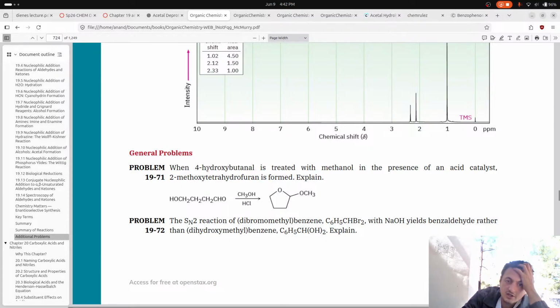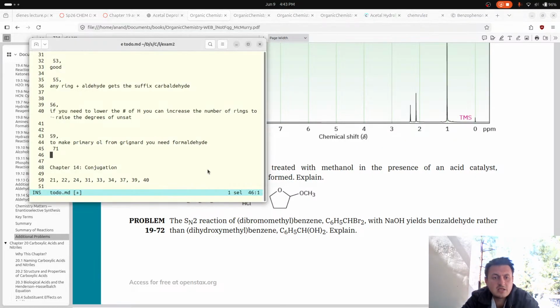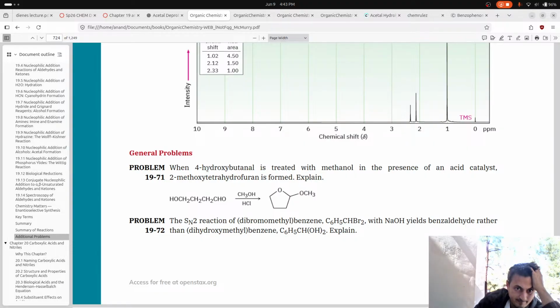Okay, when 4-hydroxybutanol is treated with methanol in the presence of an acid catalyst, all right, wait, let's draw this out. Okay, 4-hydroxybutanol. So butanol, 4-hydroxybutanol.